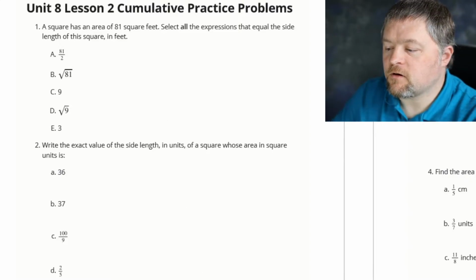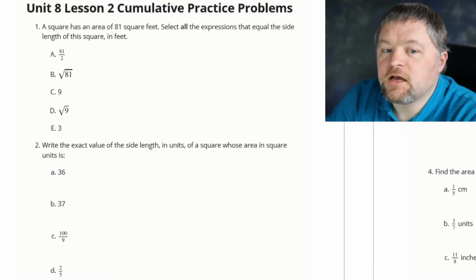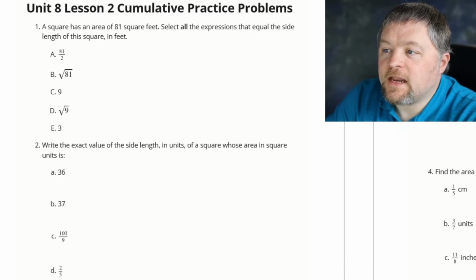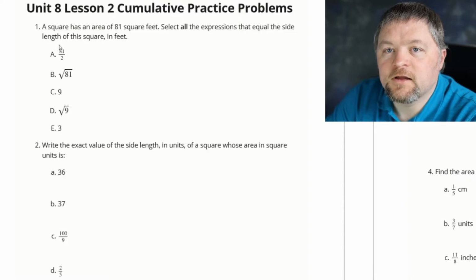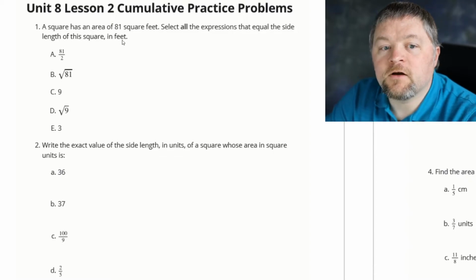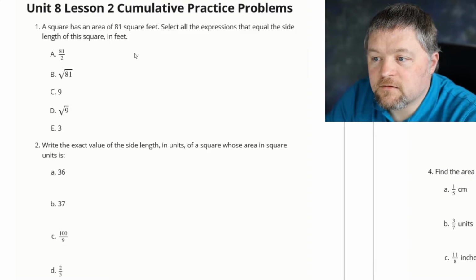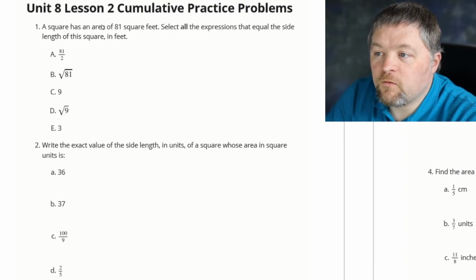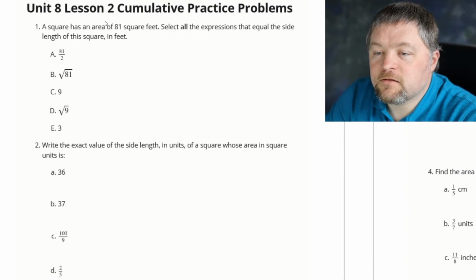Okay, our first problem says a square has an area of 81 square feet. Select all the expressions that equal the side length of this square in feet. So if we know the area of a square, how do we find its side length? We have to figure out the length and width.